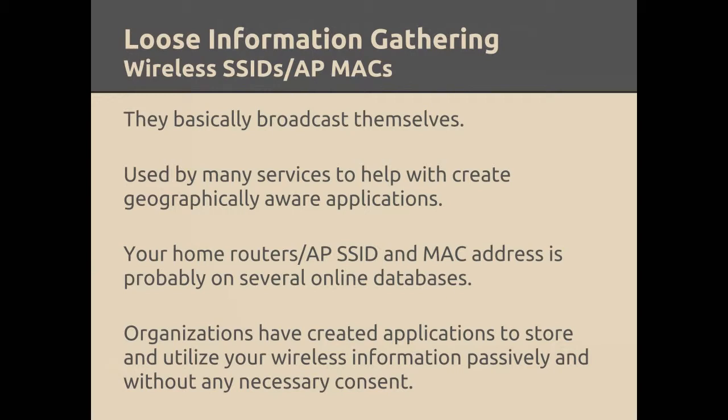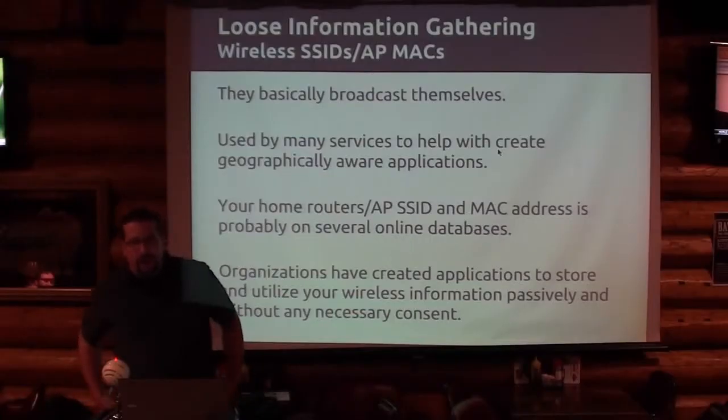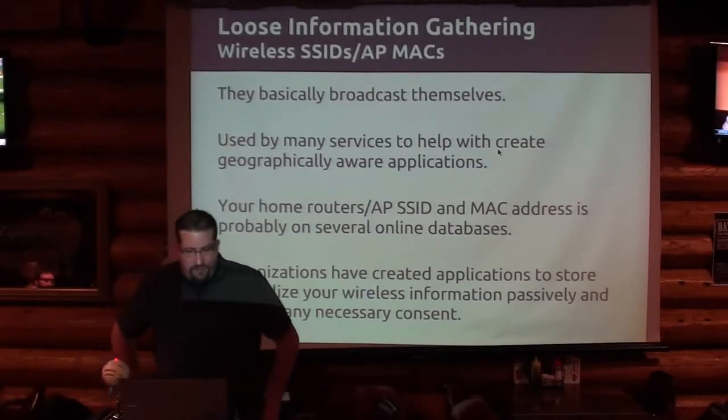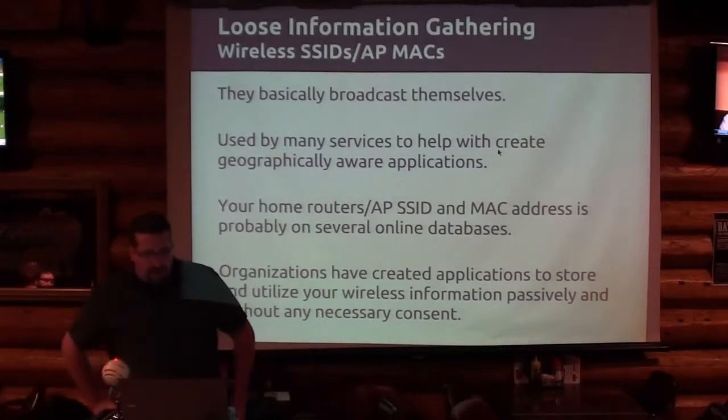Here's a fun one. Andrew's probably going to be all about this. Loose information gathering. So wireless network names, SSIDs, and their MAC addresses. They basically broadcast themselves. It's used by many services to help create geographically aware applications. Your home router is actually already on several databases just by people driving by with something on their phones, scanning, submitting, doing all this stuff.